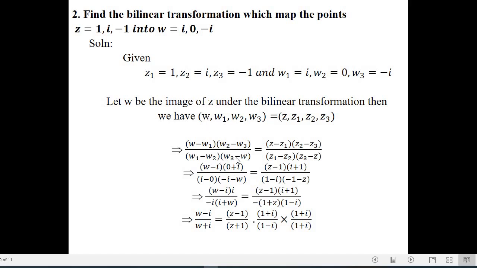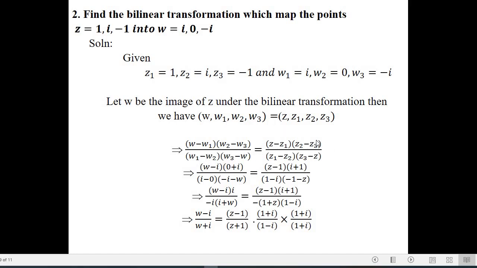Definitionally the 4 points are in terms of z1, z2, z3, z4, but here we have considered z1, z2, z3, so you must apply the formula correctly: first term minus second term into third term minus fourth term, divided by second term minus third term into last term minus first term, both in LHS and RHS.